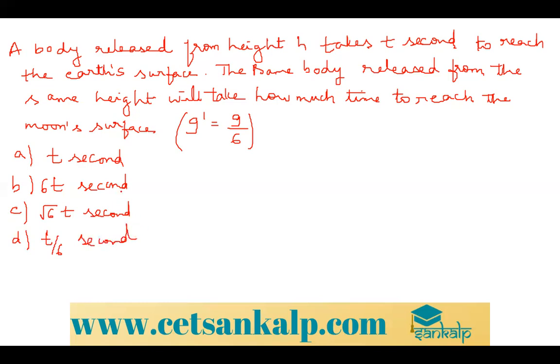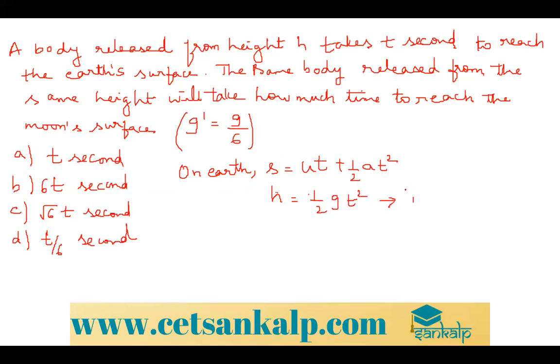Now first we are going to see on the earth. s is equal to ut plus half at square. So instead of s, I am going to take h is equal to ut plus half g t square, where ut becomes 0.